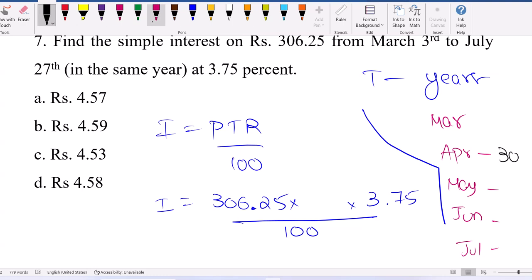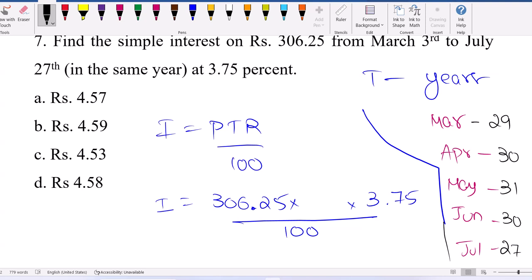May 31, June 30, and in July 27 days because it is up to July 27th, not the full month. In March, 29. March has how many days? 31. The first two are gone, 1 and 2 are not there. We're calculating from March 3rd, so 29 days in March.